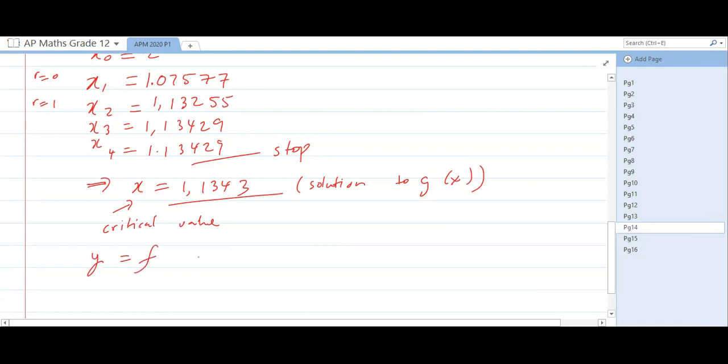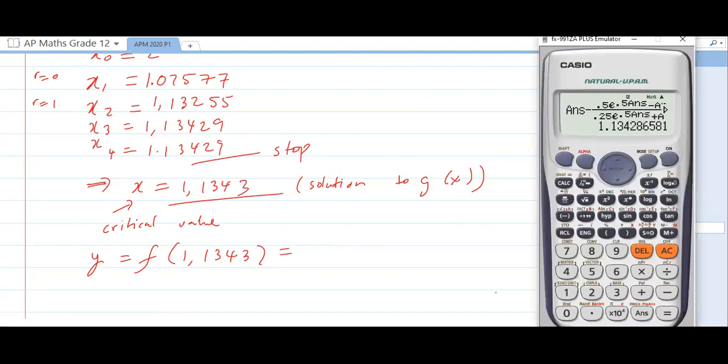So f of 1.1343, and we are going to get, by substituting 1.1343 into my original function, which is the f graph. Let's see what it was. So we're going to substitute back into our calculator.